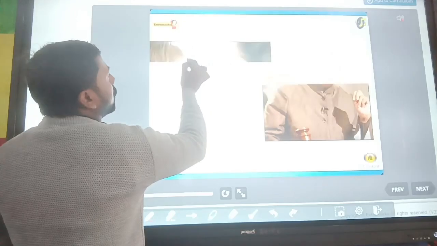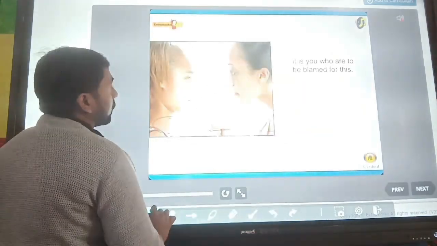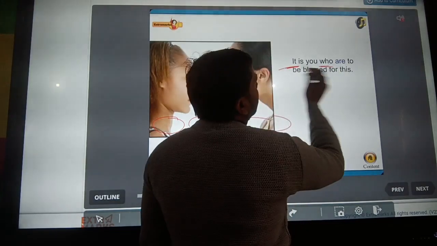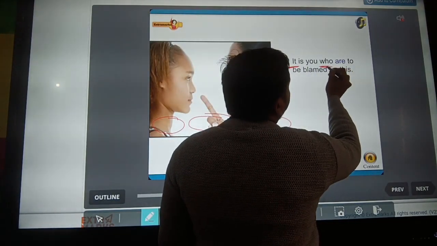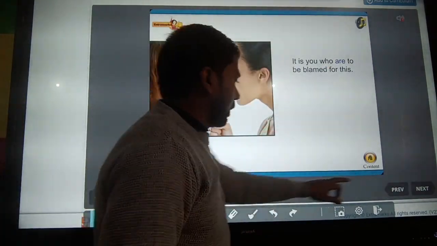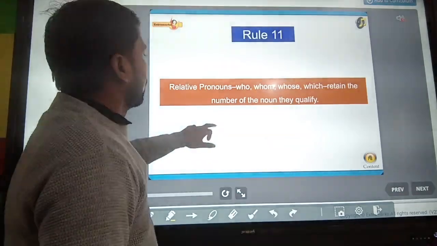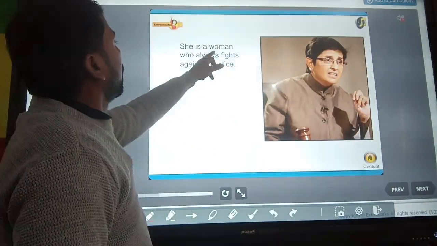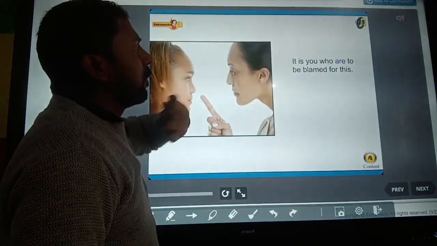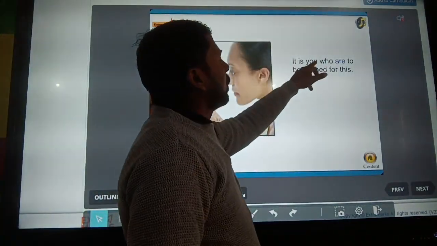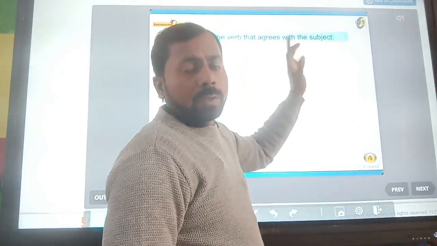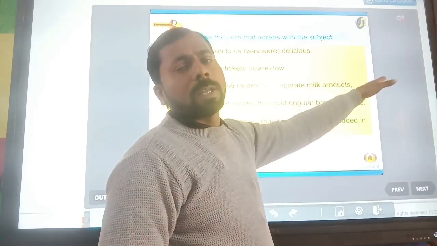You can see here who is used for she, so we use fights. And it is you who are. We can see here who is used for you, so we use the helping verb are.